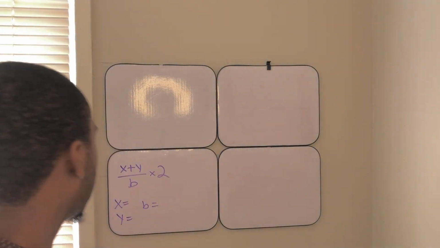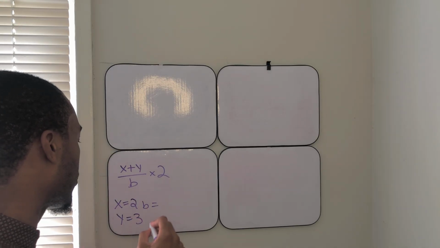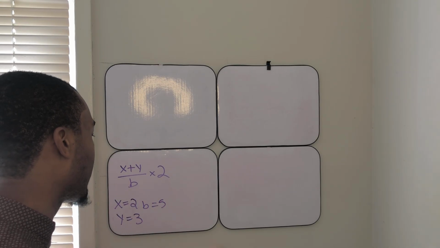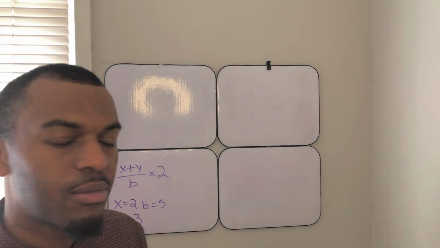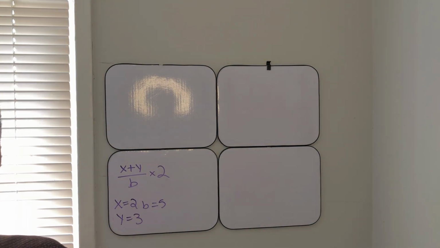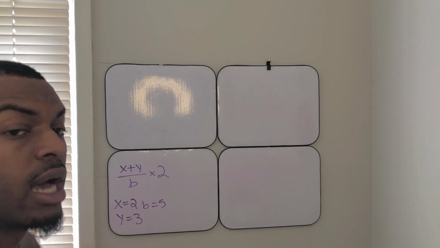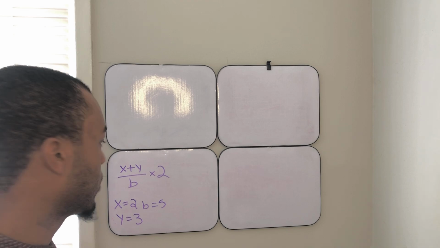I'm going to say x is going to be 2 right now, y is going to be 3, and b is going to be 5. But these numbers aren't special, so don't get married to these numbers. They can be whatever they feel like being. But when x is 2, b is 5, and y is 3, let's see what it is.